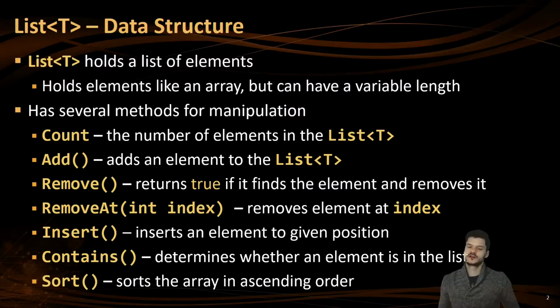Sorting sorts the array in the context of strings and integers. It works fine. It becomes a bit more complicated when you want to sort objects, because we have to explicitly state by which field you would like to sort those objects, by age, by name, or something like that.